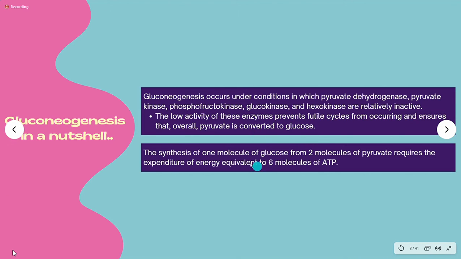The synthesis of one molecule of glucose from 2 molecules of pyruvate requires 6 molecules of ATP. Okay? So what is the expenditure of energy here? It is 6 molecules of ATP. That's your gluconeogenesis.